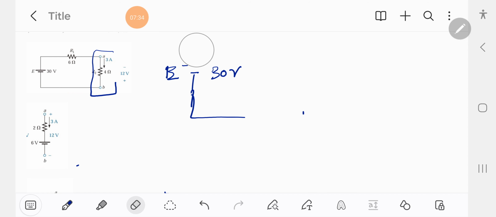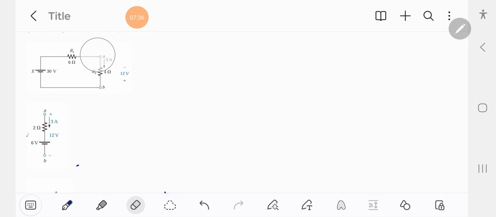So the substitution theorem tells us we can replace this branch of a known voltage and current with any combination which does not alter the original characteristic.